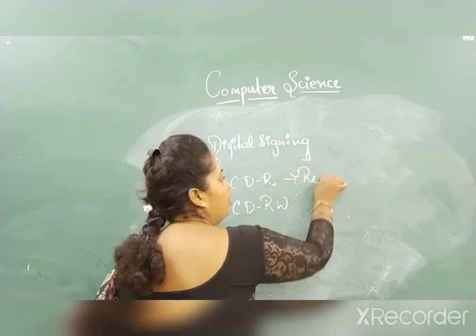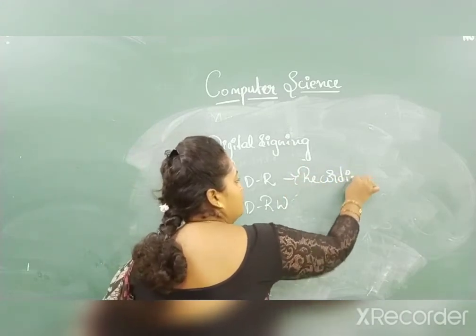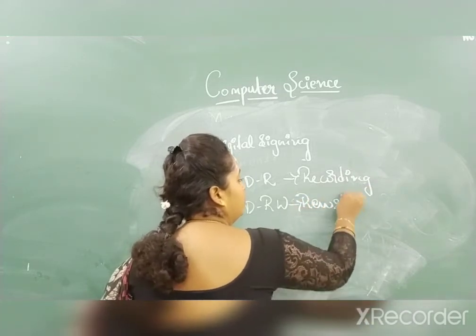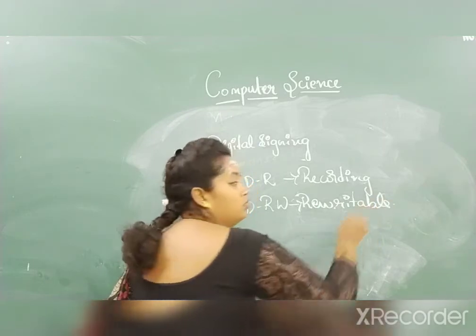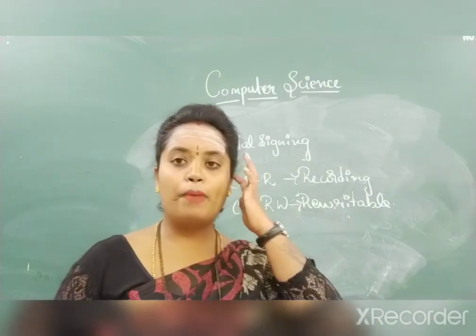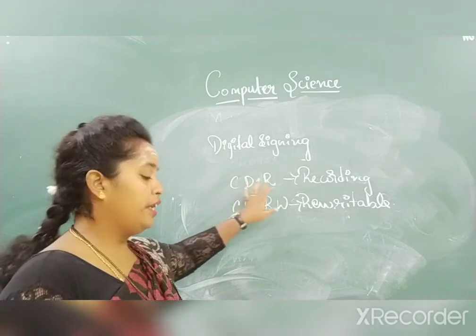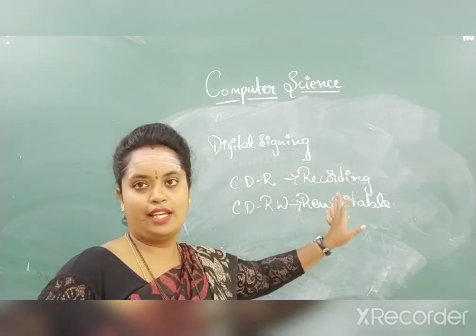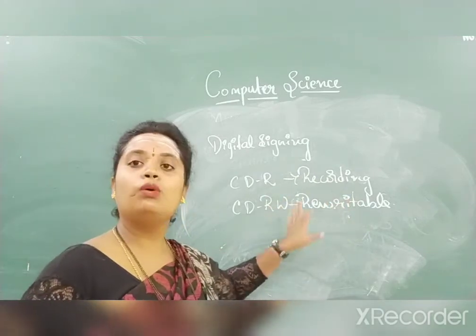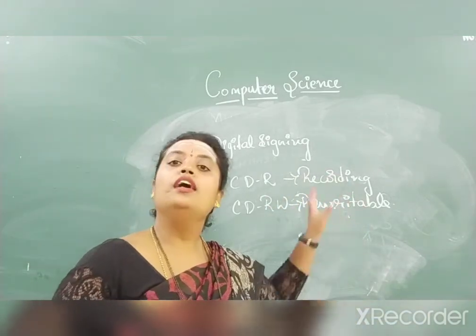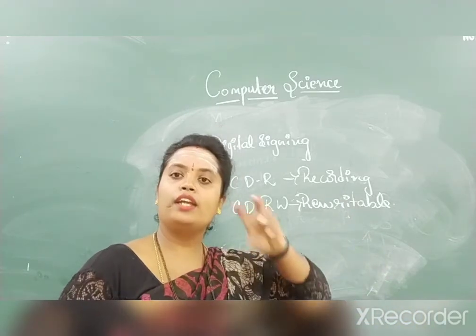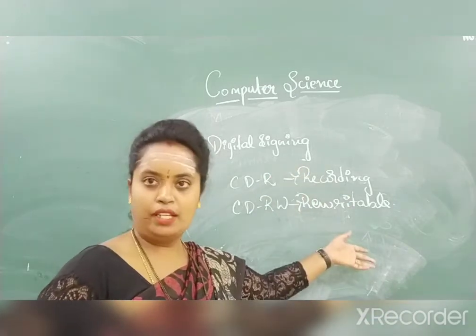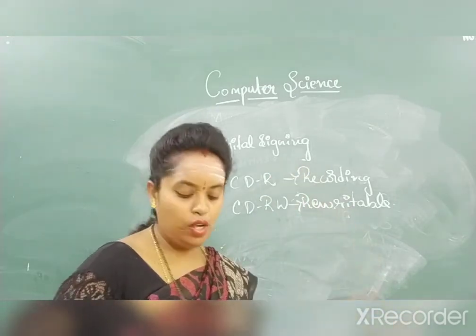CD-R is only for recording purposes; you can record the data inside it, but you cannot do anything else with it. Whereas CD-RW is rewritable. You can write, that means you can store something, and if you don't want it, you can erase it and copy something else to it. That is CD-RW. Understood, children?